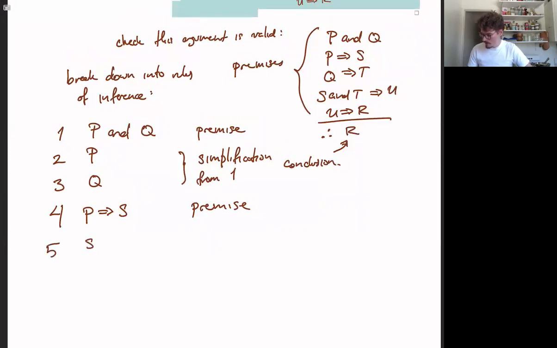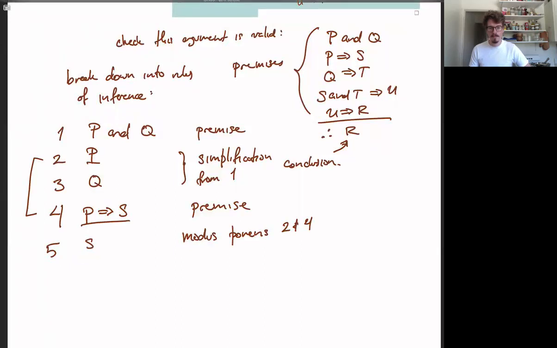this is the thing in the table called modus ponens. And it's coming from steps 2 and 4. So we know P, and we know that P implies S, so we conclude S. And then a similar process with our next premise.